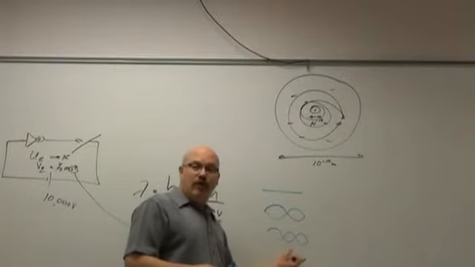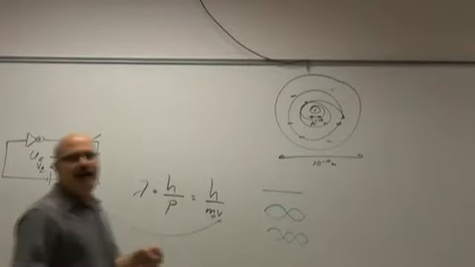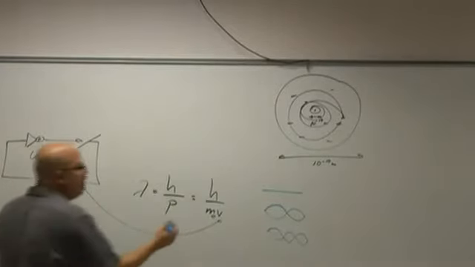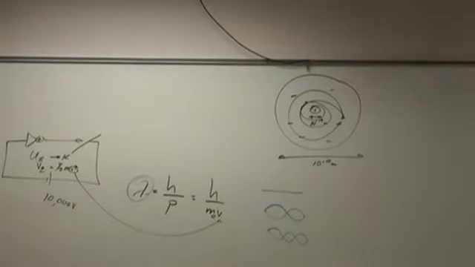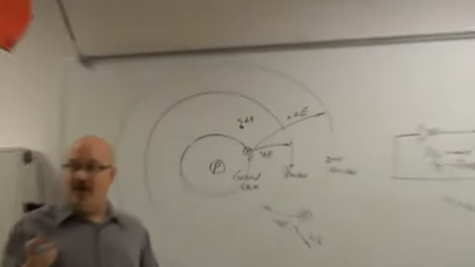But if you send in the wrong frequency, it won't do anything, right? It won't exist. Guess what? If you figure out the wavelength of an electron in a hydrogen atom, guess how long that is? That's the first harmonic spot, where it'll set up a standing wave with itself.